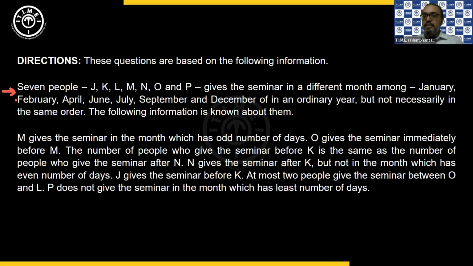We have 7 persons in 7 different months of a year. Just like we had 7 different days in a week, you have 7 different months of a year. So fix the months, then based on the information given, you can fix the arrangement. Please do take a screenshot of this question.